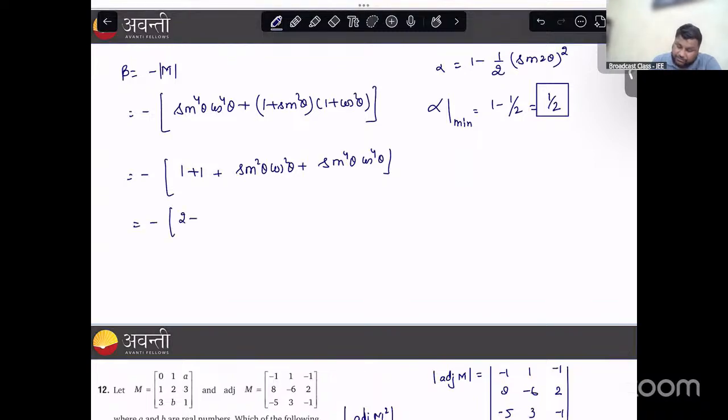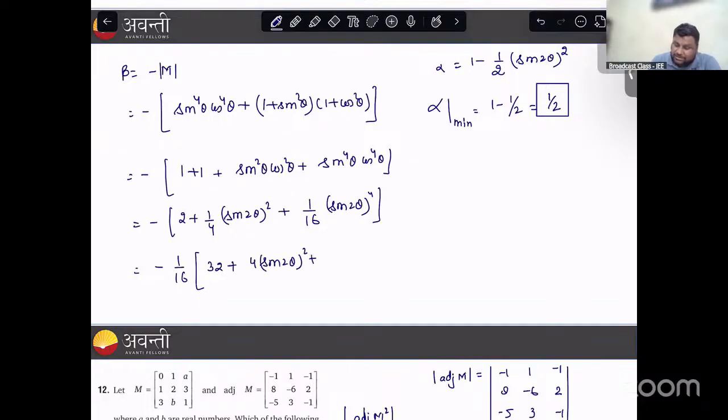Now it is 2 plus 1/4 of sin 2 theta whole square plus 1 by 16 times sin 2 theta to the power 4. So if I take 1 by 16 common, it is 32 plus 4 sin square 2 theta plus sin 2 theta to the power 4.